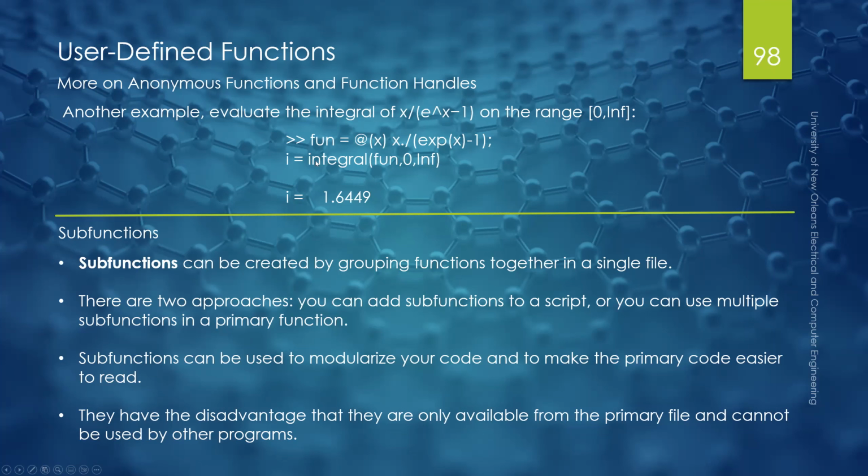So this is a good example also of how functionals are used. Again, the idea of a function integral using another function, fun, to compute the result here of the integral. So it's not unusual. It's very common to use functions within functions.